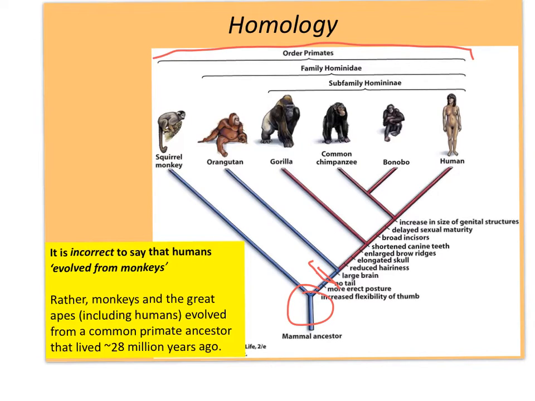Now, in the great apes, including the gorillas, you have reduced hairiness, elongated skull, enlarged brow ridges, shorter canine teeth. In chimpanzees and bonobos, you also have broad incisors, delayed sexual maturity, increased size of the genital structures.